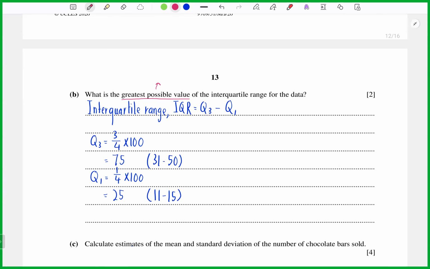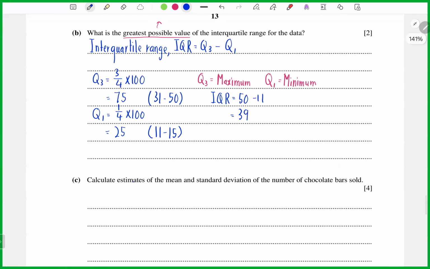So you should take Q3 maximum and Q1 equals minimum. All right, so you can find out 15 minus 11 equals 4.